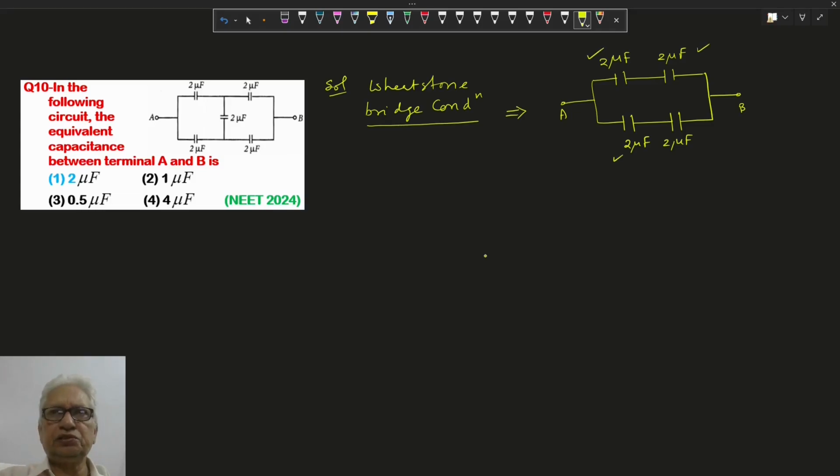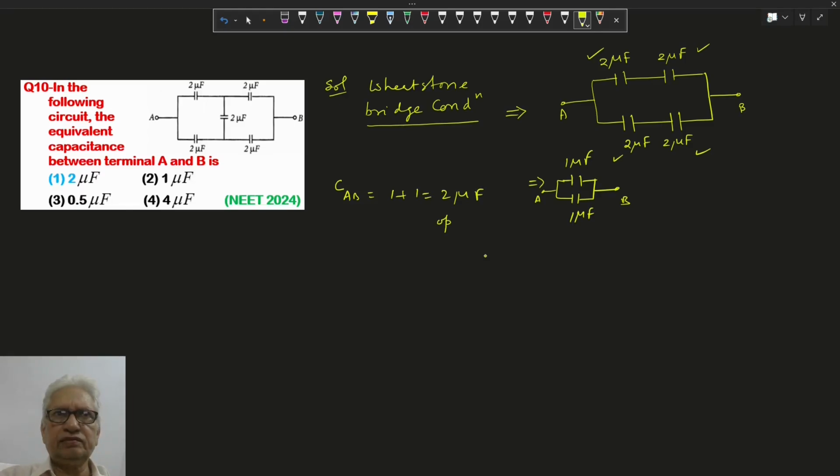These two and these two are in series. In series it becomes half, so it will become 1 microfarad, also 1 microfarad, in parallel C1 plus C2. So the effective capacitance C AB will be 1 plus 1, which means 2 microfarad.